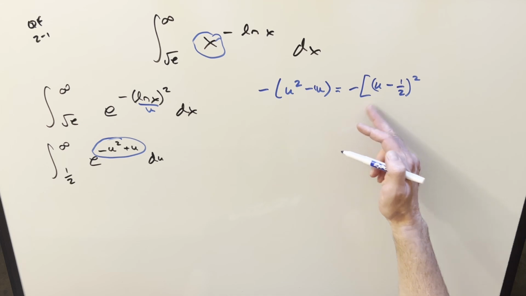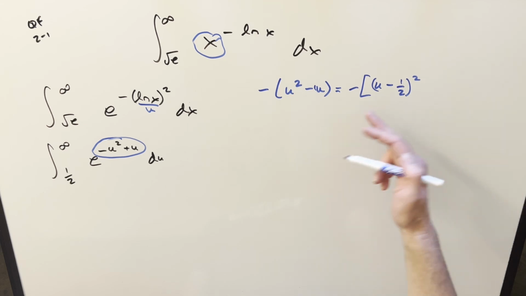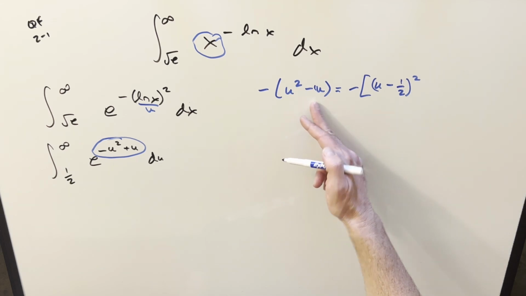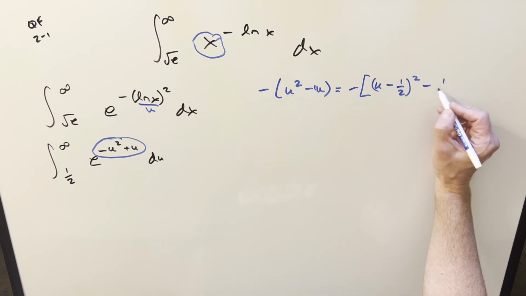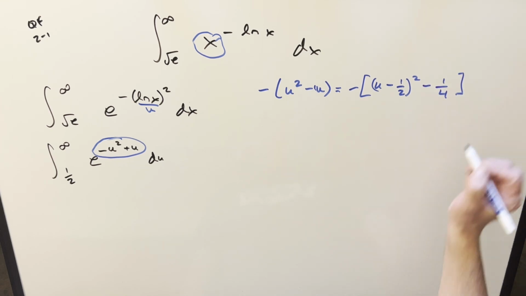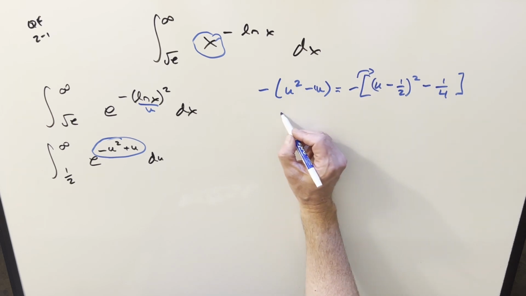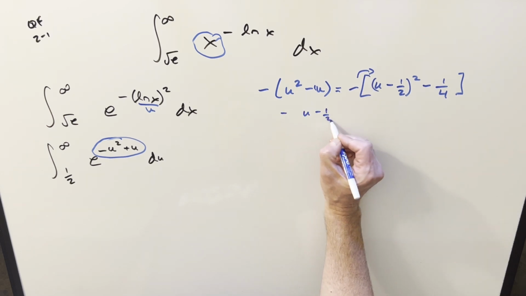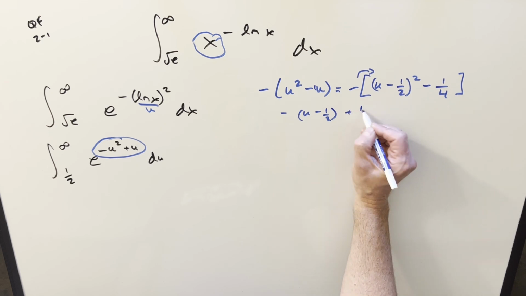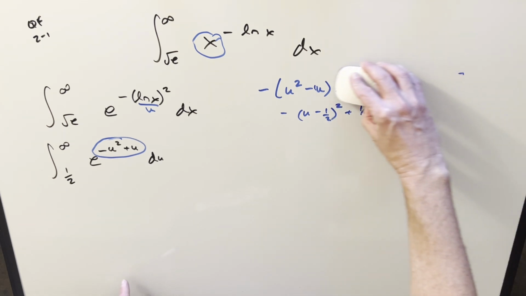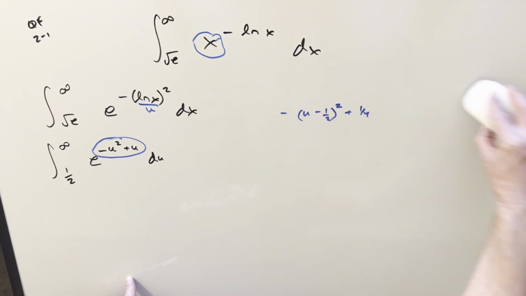If you multiply this out, you get u squared minus u, but then for the last term we get a plus 1/4, so I don't want to change it. I'll subtract off the 1/4. Then let's distribute the minus sign back in, so I have minus (u minus 1/2) squared, and then this becomes a plus 1/4.